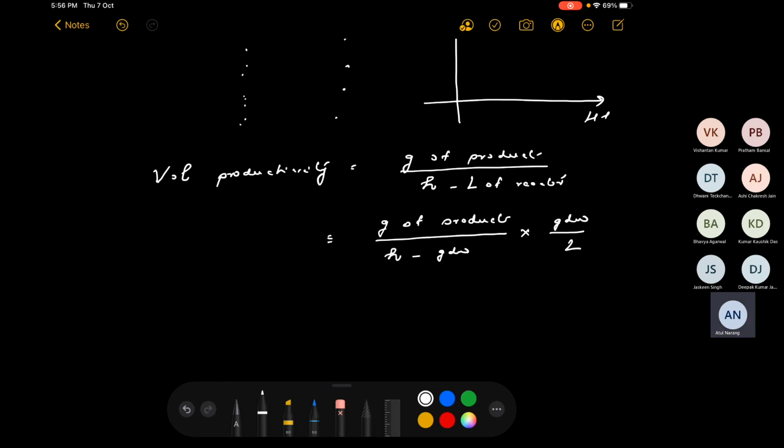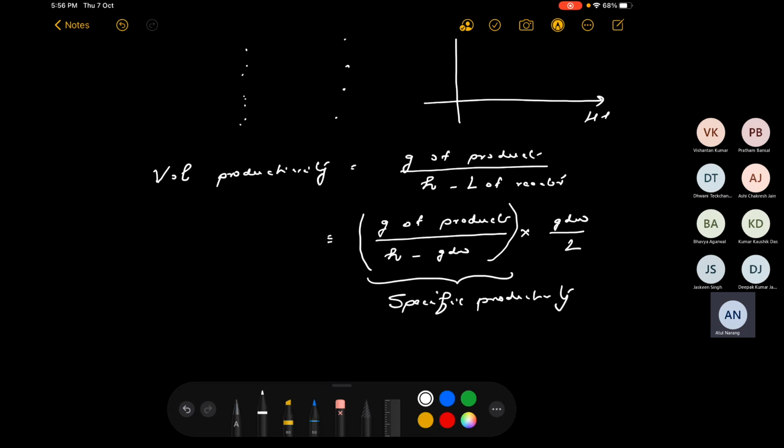So now just apply this. Say we want to know the volumetric productivity of biomass. This term is known as specific productivity, because it's based on dry weight.